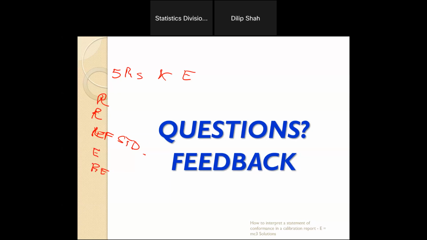But just remember, the gauge R&R is not the same as the repeatability, reproducibility that goes in the measurement uncertainty evaluation. So that's one thing you should always consider. If you use the data from that traditional automotive gauge R&R, your measurement uncertainty is going to be over-evaluated.